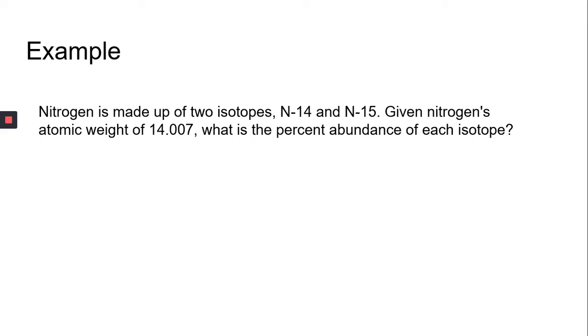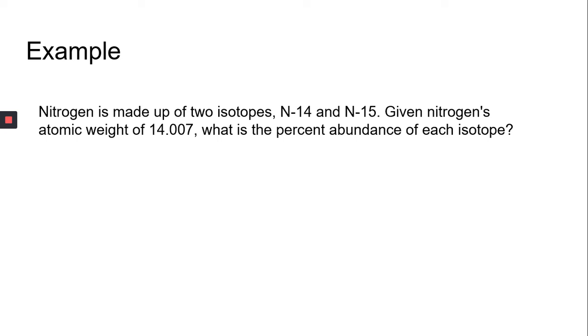This one, we're kind of working backwards. So we know that nitrogen is made up of 2 isotopes, nitrogen 14 and nitrogen 15. And together, when we take that average mass, it should have an average weight of 14.007. So we're going to work this backwards.